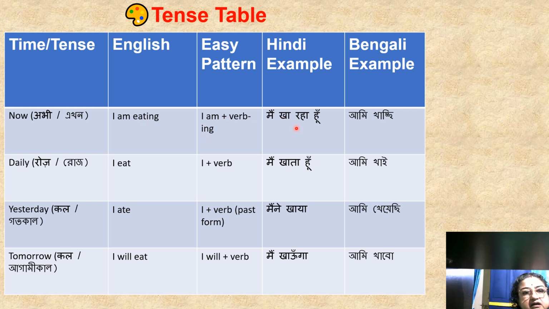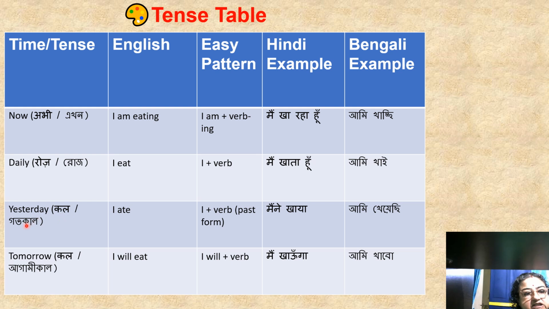मैं खा रहा हूँ, আমি খাচ্ছি. Daily: I eat, I plus verb, मैं खाता हूँ, আমি খাই। Yesterday I ate.